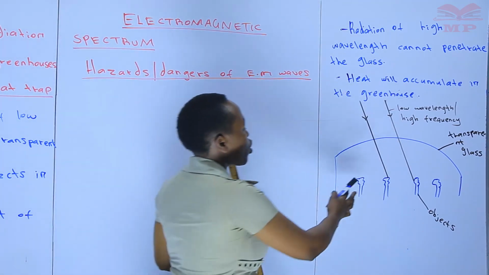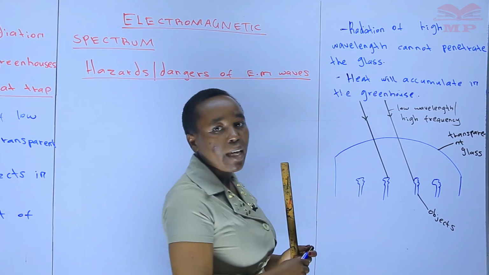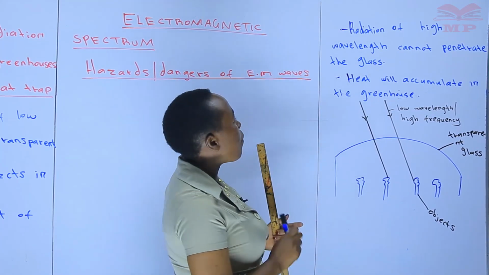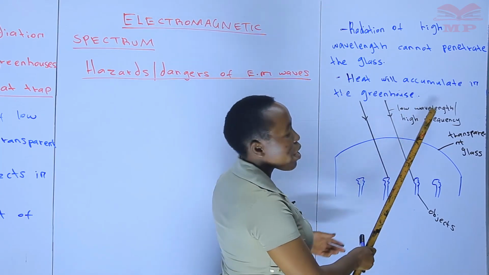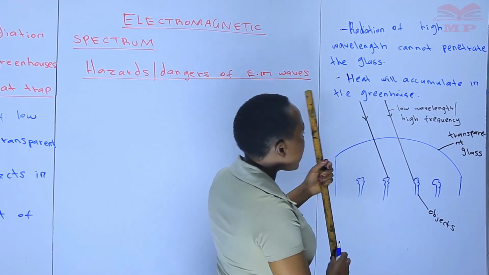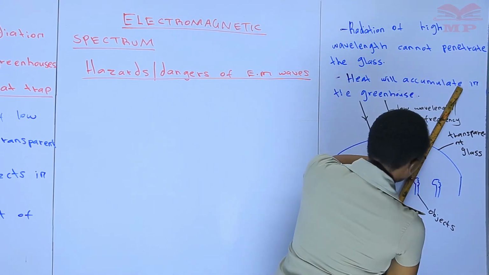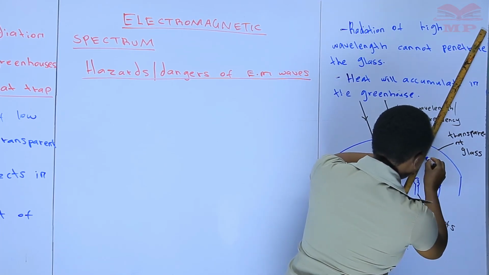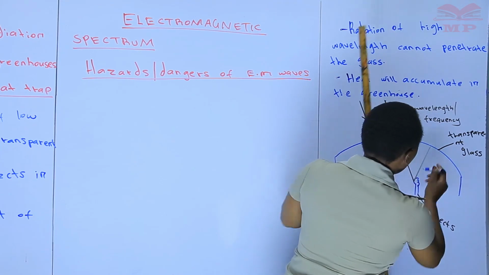So when it is absorbed by the object, they will now in return emit radiation, but now of high wavelength. So they emit the radiations.